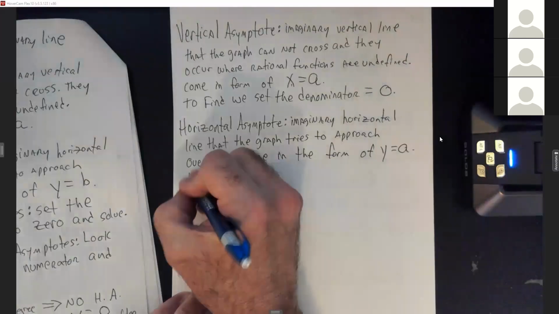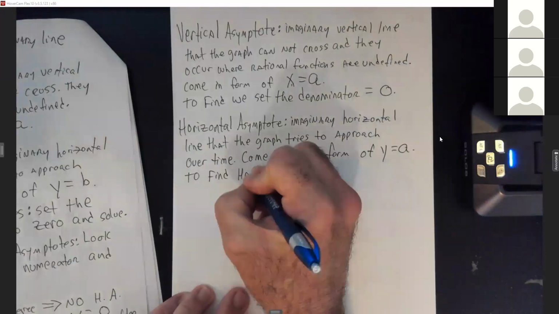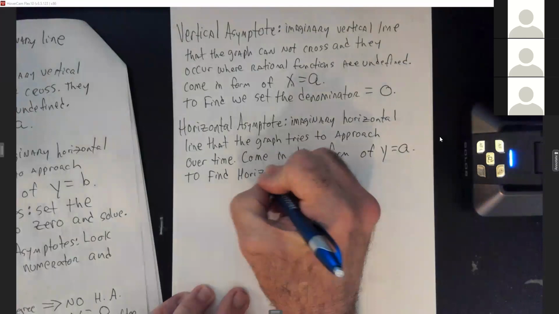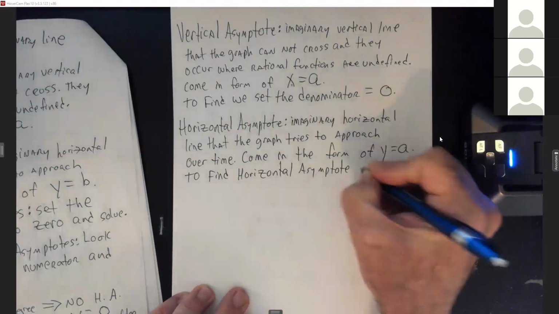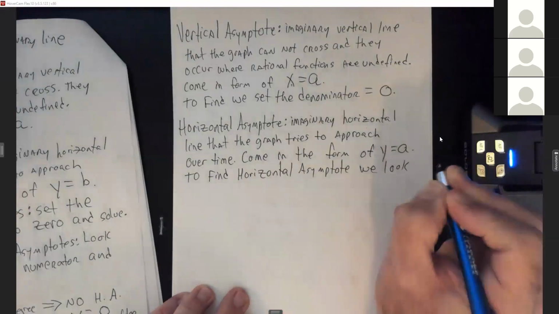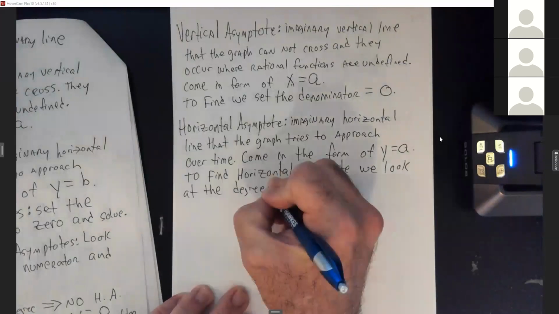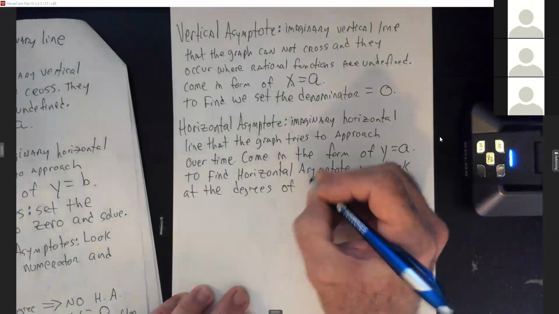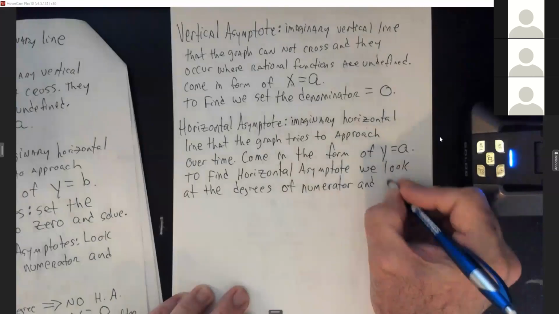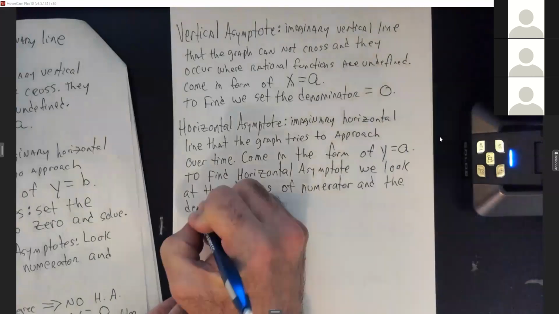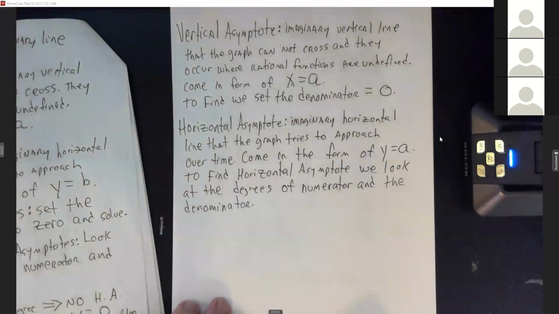Now, to find horizontal asymptotes, we look at the degrees of numerator and denominator. Now remember, the degree is the highest exponent, okay?